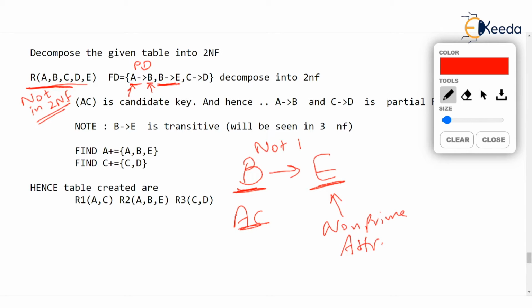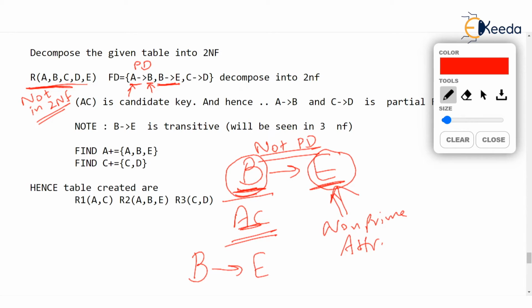What is a partial dependency? The left hand side has to be part of the candidate key and the right hand side has to be a non-prime attribute. Okay, in this dependency, E is a non-prime attribute, the right hand side is a non-prime attribute, but the left hand side is not part of the candidate key. Such a dependency, B determines E, is in fact a non-prime attribute determining a non-prime attribute. Are you understanding? Check what is B in our example: non-prime.